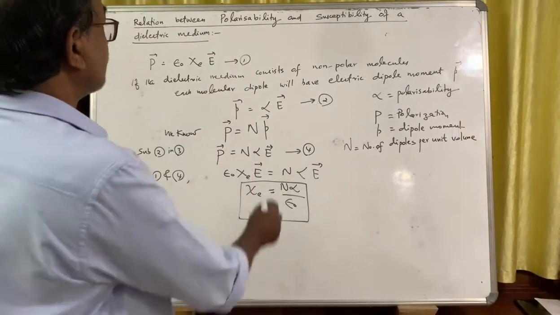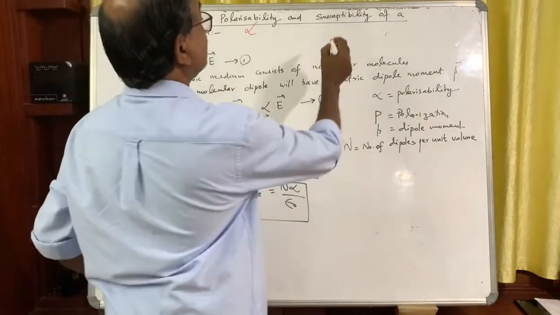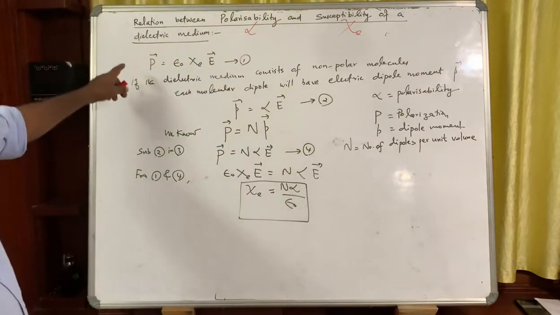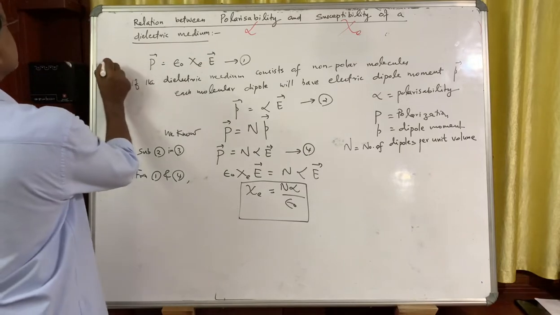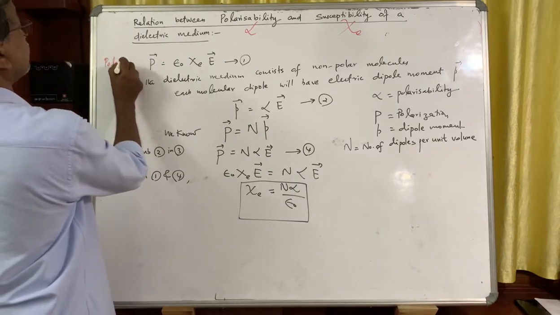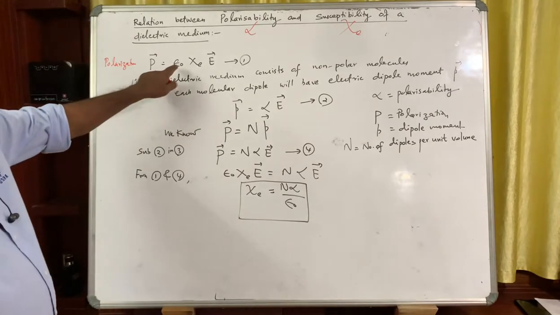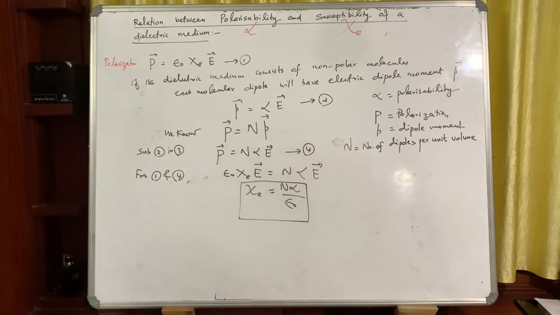Relation between polarizability alpha and the susceptibility chi of a dielectric medium. We have the equation polarization P equal to epsilon 0 chi E. Chi is the susceptibility, E electric field, epsilon 0 permittivity of free space, P polarization.